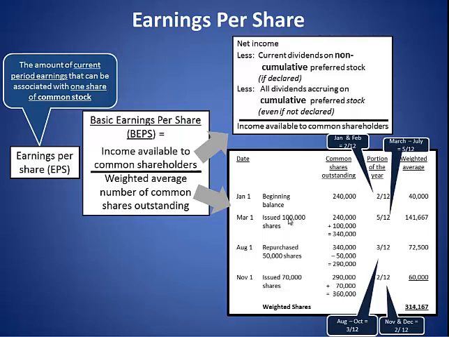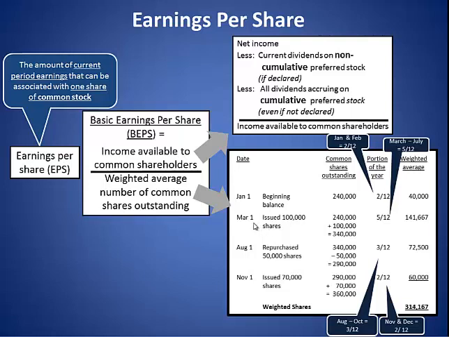Now on March 1st, the company then issues 100,000 shares. So what happens is that we know the 240,000 shares from our beginning balance basically existed in January and February. Then it's going to change in March. But now we have to account for those weighted average shares for January and February, which are 2 months. So we take 240,000 common shares times 2/12. Our weighted average then for those 2 months comes up to 40,000 shares.